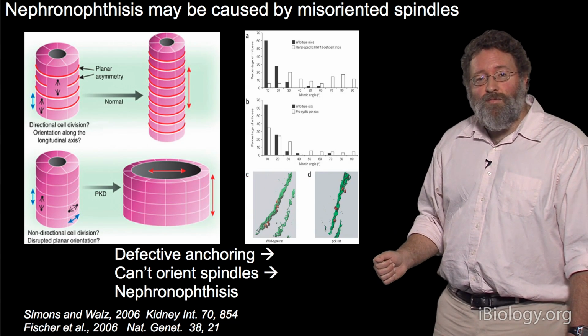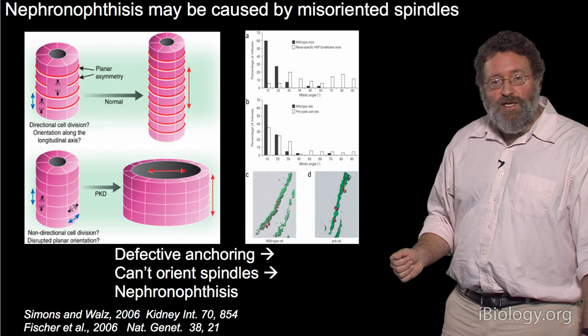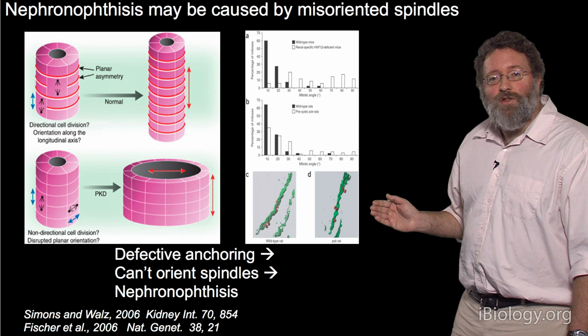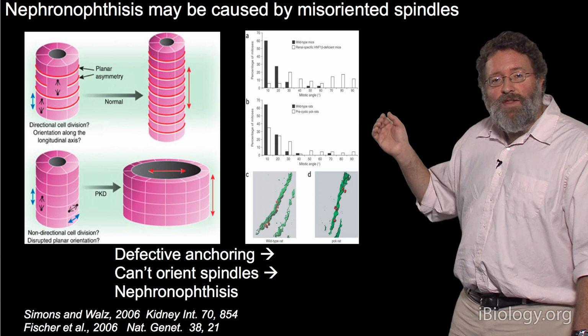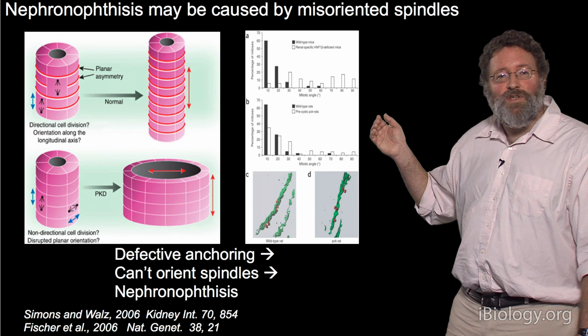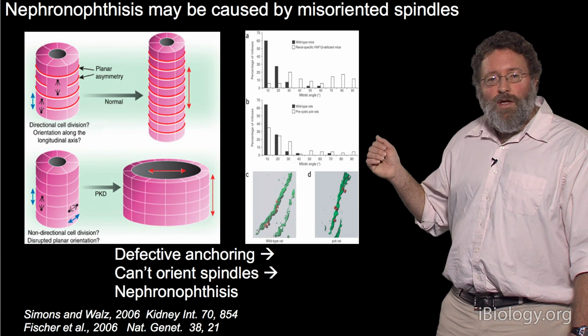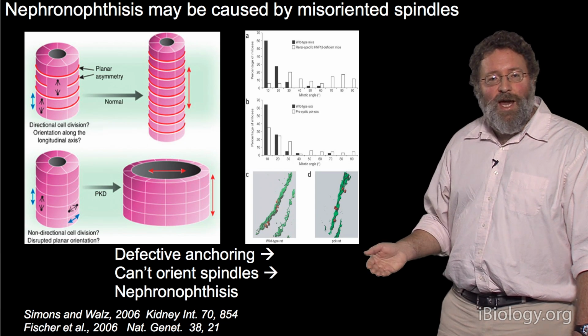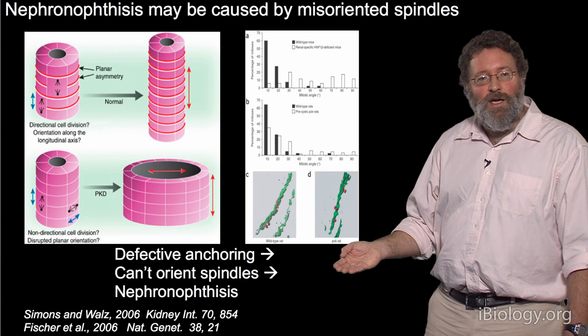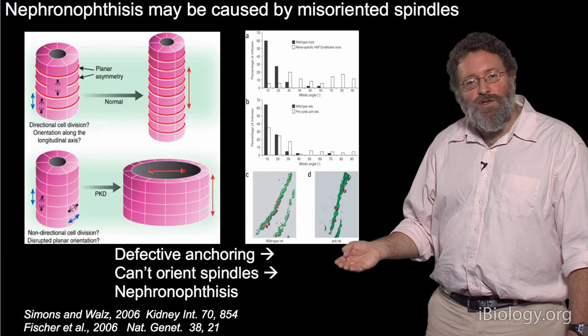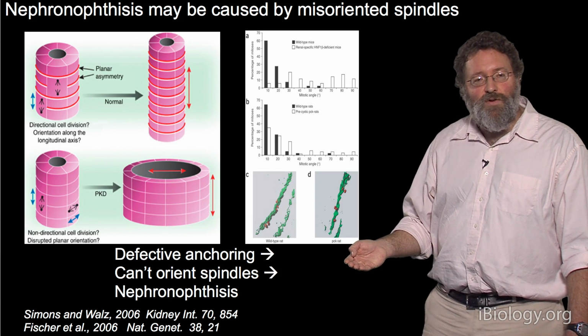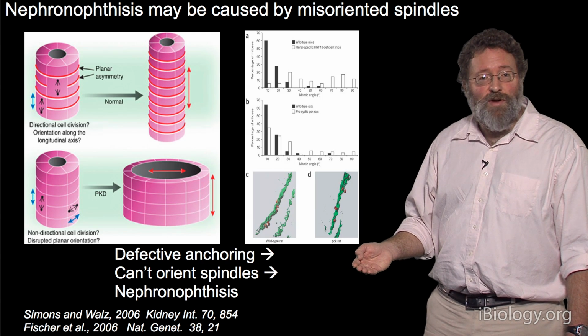In fact, in various animal models of this disease, when researchers have looked at spindle angles, they find that there is a randomization of spindle angles in these nephronophthisis animal models. This would fit with the idea that maybe it's the anchoring function of the basal body that's involved in anchoring the structure to the surface of the cell and therefore helping the spindles orient in the correct direction.